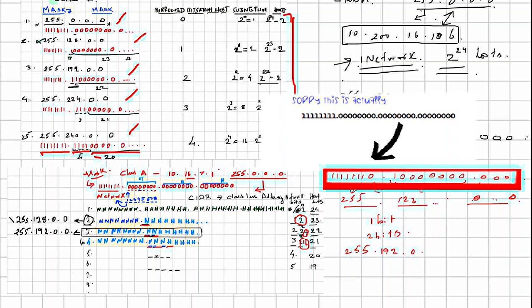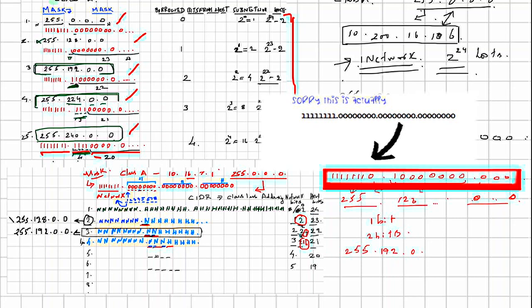When you add 2 bits, 1 and 1, it is 255.192.0.0, and if you add 3 bits, it is 255.224.0.0 when you convert from binary to decimal. And adding 4 bits, borrowing 4 bits from the host portion and moving them to the network part, it is 255.240.0.0.